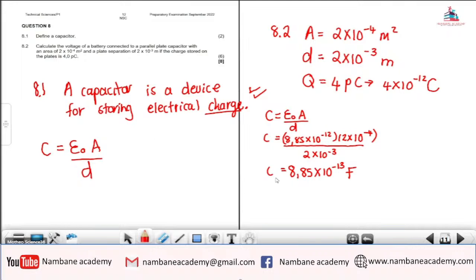So now we've got this capacitance, so we're going to use it in our final formula, which is going to be 8,85 times 10 to the power negative 13. Then we've got 4 times 10 to the power negative 12 divided by V. Cross multiplication. V is going to be equal to what?